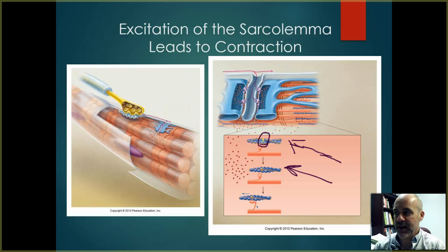So remember, you're looking at a step-by-step story here, and all of these things are critical. Once that has happened, the myosin heads can actually make physical contact with the actins, and they're going to do their power stroke like that. That's what actually leads to muscle fiber contraction.